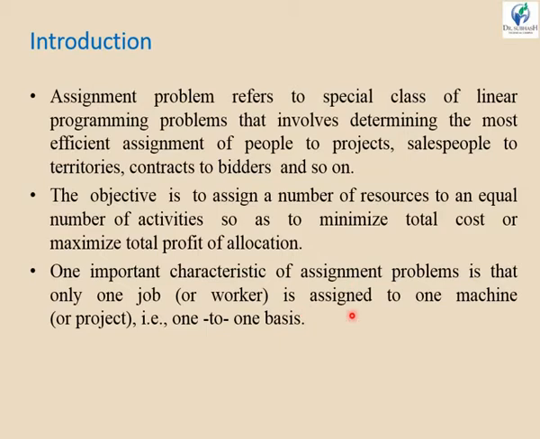If there are 5 machines and there are 5 workers, then each machine will get only a single worker, or each worker will be assigned only one machine. So it's called one-on-one basis. This is an important characteristic of this assignment problem.